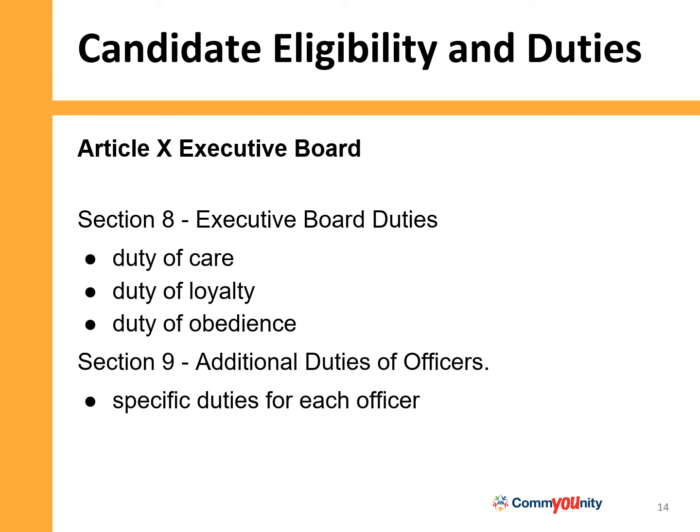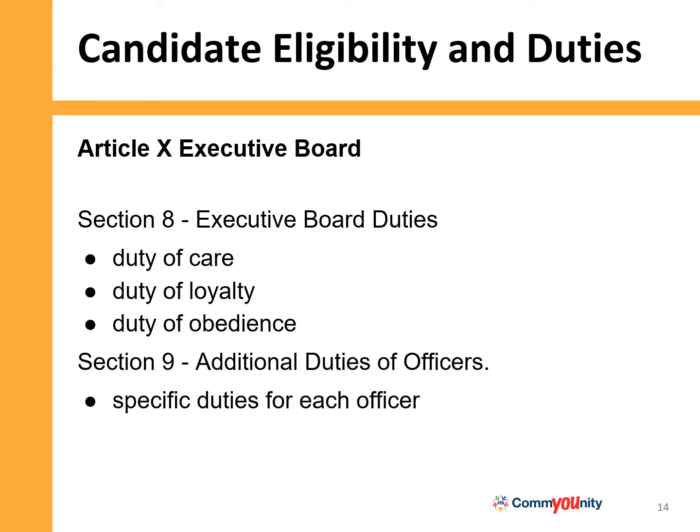Section 8 and 9 are really important for the nominating committee. Section 8 covers the fiduciary responsibilities of each executive board member. They are broken into 3 categories: duty of care, duty of loyalty, and duty of obedience. Section 9 has additional, more specific duties for each officer.